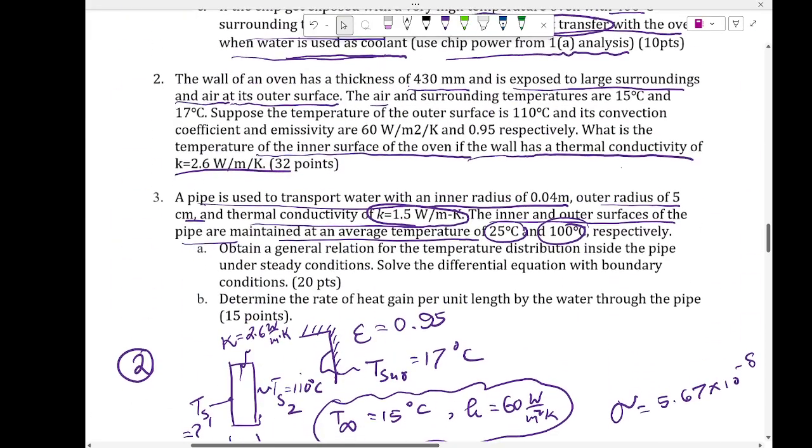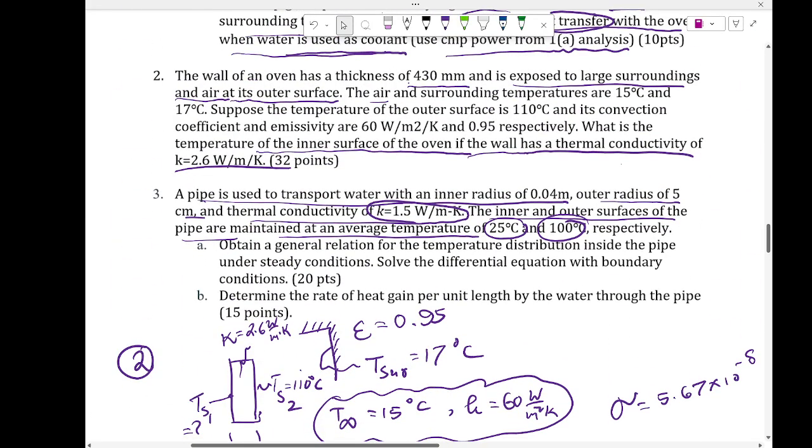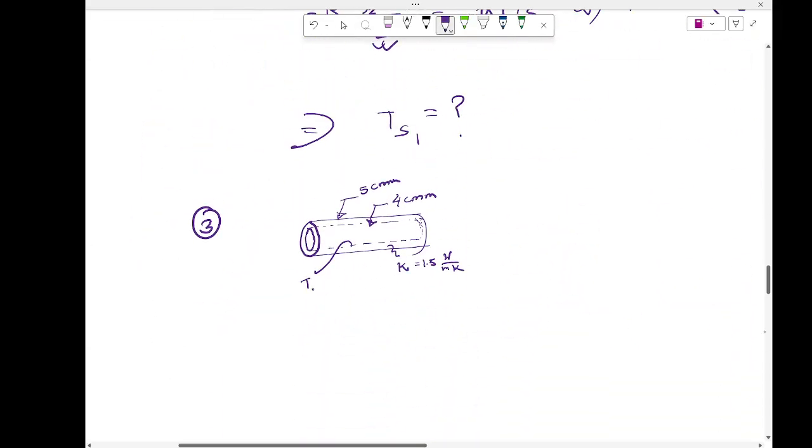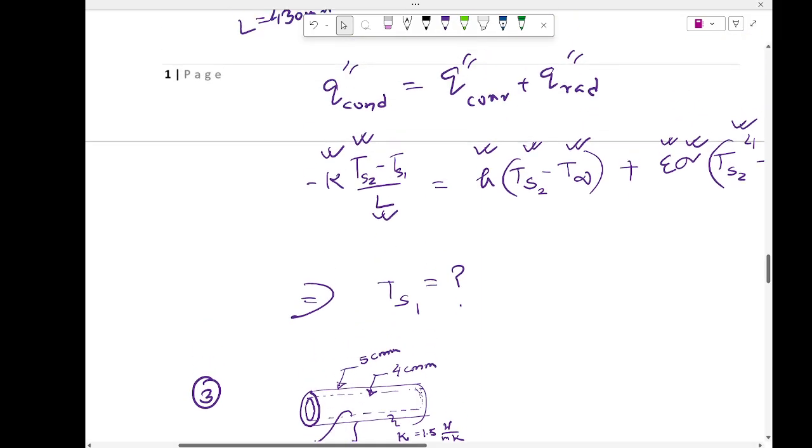Probably forgot, right? So 25 and 100. Okay, so far these are the things they gave you, right? What else?